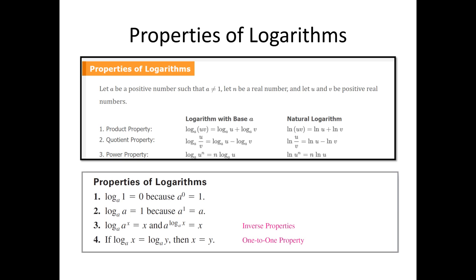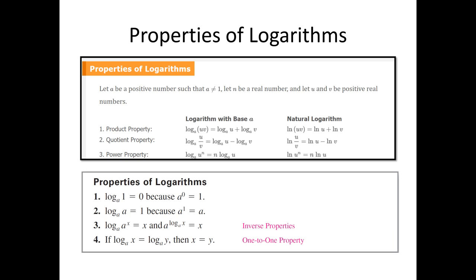All right. So let's look at our third property. It's sometimes called the inverse property, or it's also part of our power property. It says that when you have a log of base A of A to some exponent, you're going to multiply the exponent, or in this case, because it's the identity property, a with a base a becomes 1, and 1 times x is just x.